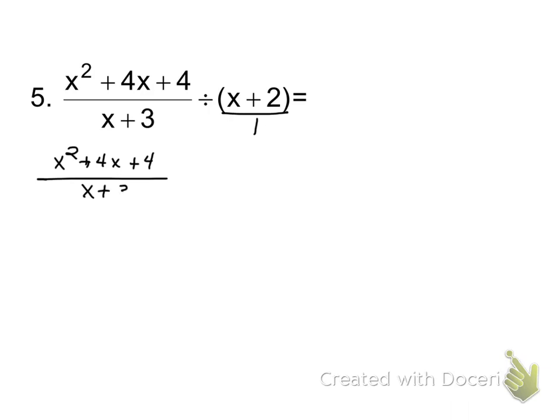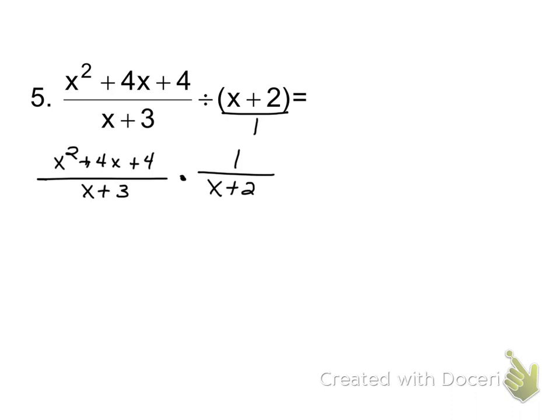The first fraction stays the same. We're going to change it to multiplication, and now it's 1 over x plus 2. So anytime you see a division, you take the fraction that immediately follows it, flip it over, and multiply.